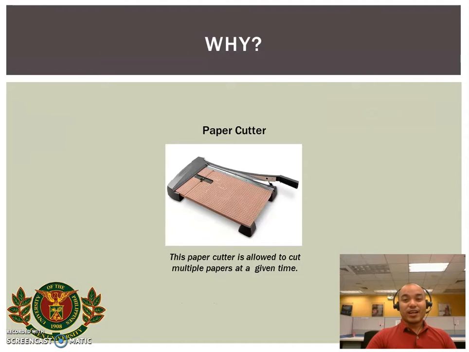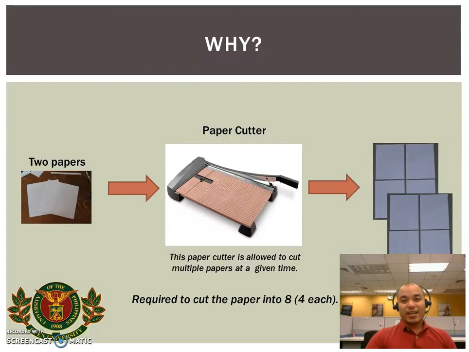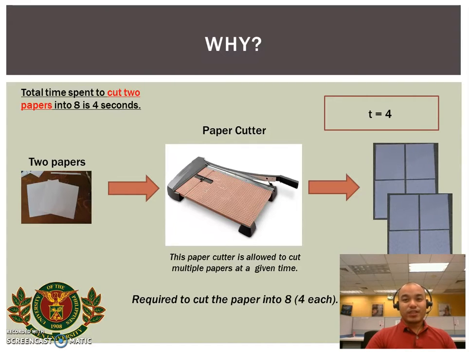For the second scenario, which is an analogy to concurrency, the paper cutter is now allowed to cut multiple papers at a given time. Again, given the two papers, they are processed by this concurrent paper cutter, and as you observe, the total time spent is shortened to 4 seconds.